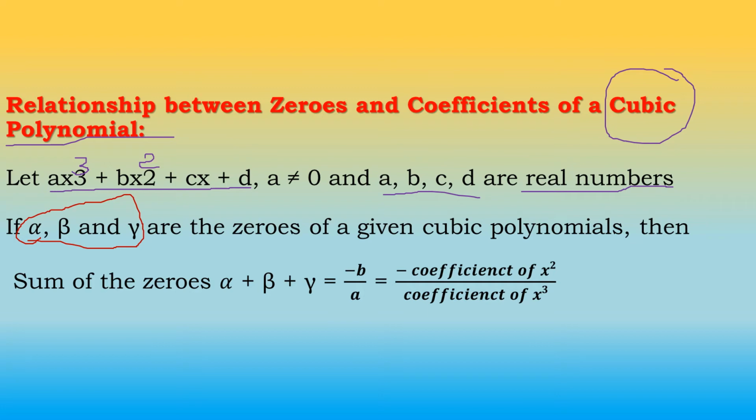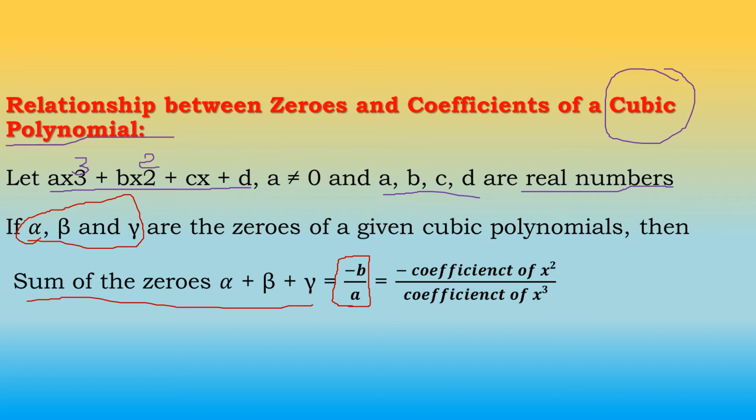Now the first relation is the sum of the zeros, alpha plus beta plus gamma. The relation is that alpha plus beta plus gamma is equal to minus b by a.